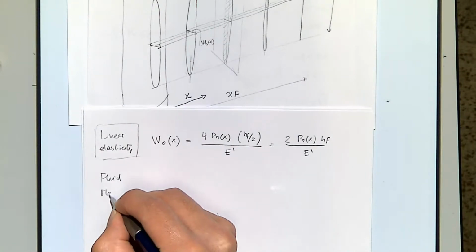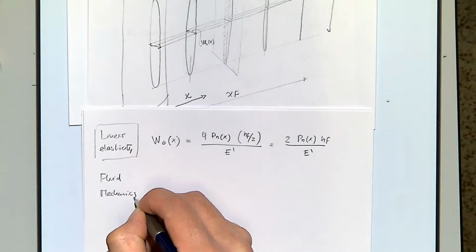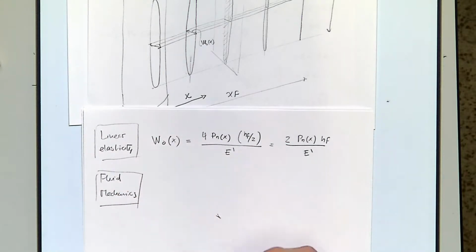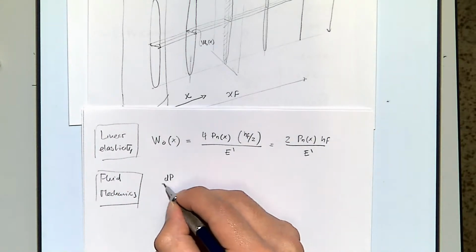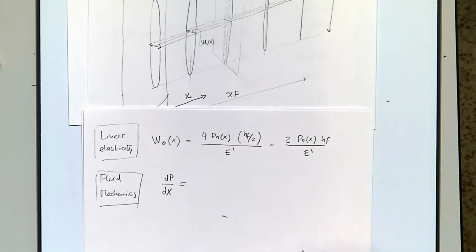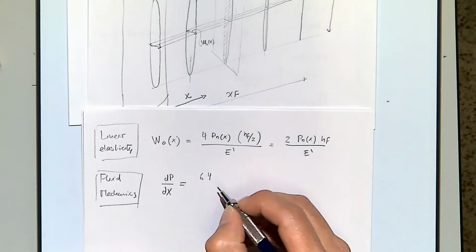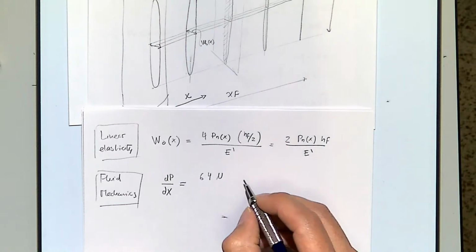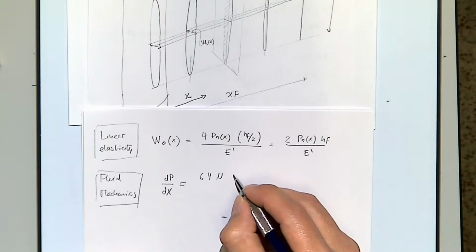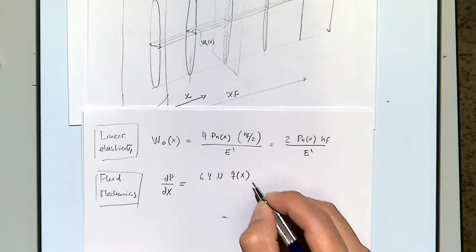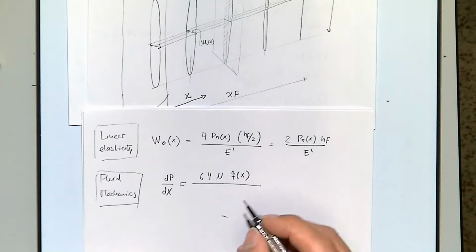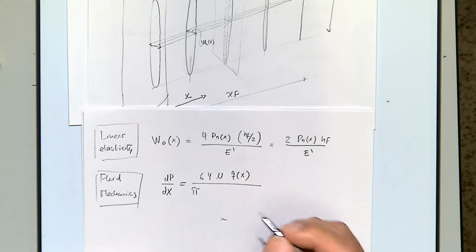Fluid mechanics. We're going to write now the actual equation for the gradient of pressure. So the gradient of pressure as a function of x at the position x, from the theory of flow between 2 parallel plates, is going to be equal to this equation I'm writing right now, depends on viscosity. And okay, oh no, these are not parallel plates. This is flow through an ellipse, okay?